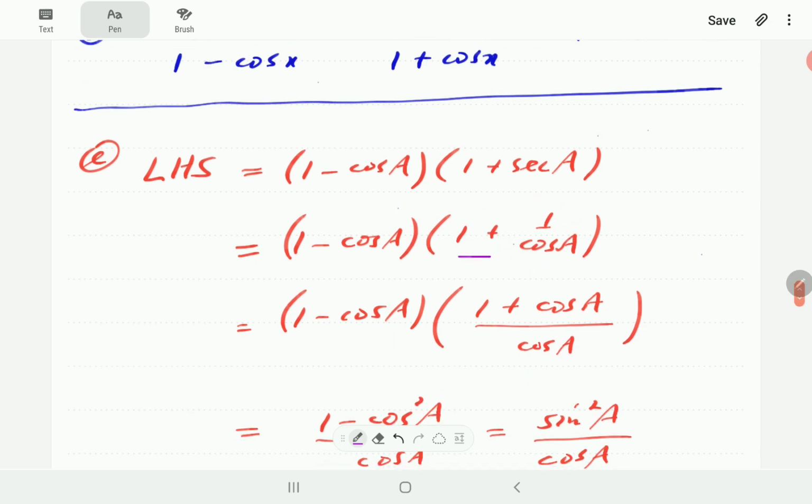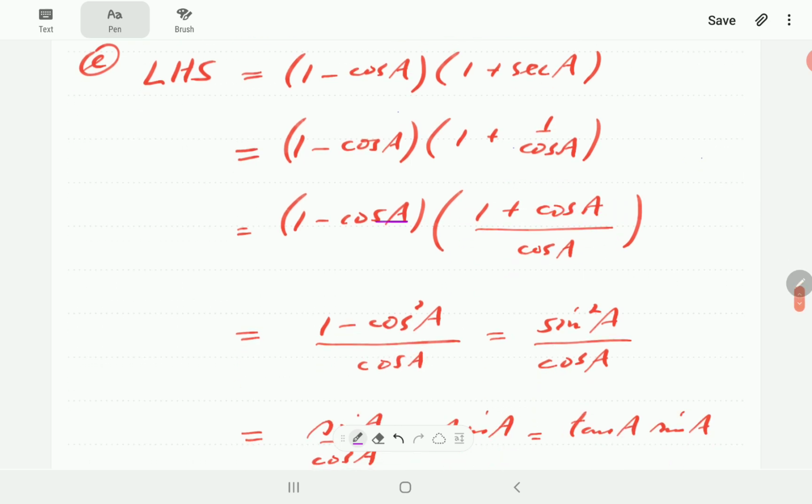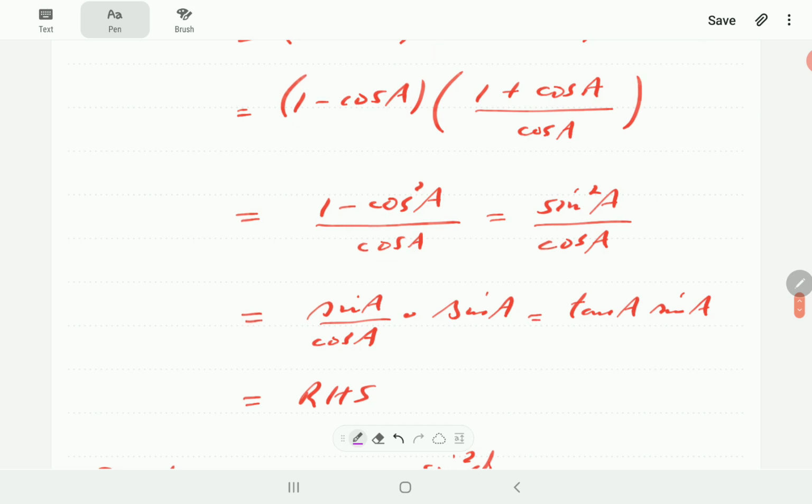Then we're going to combine this into one fraction, and then if we multiply the numerators, we get 1 minus cosine squared. But 1 minus cosine squared is sine squared. Then we can write this as sine over cos times sine. Sine over cos is tangent. Then this is now the same as the right hand side.